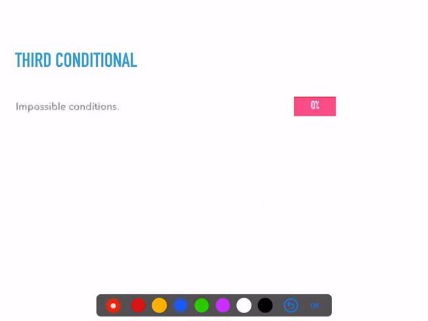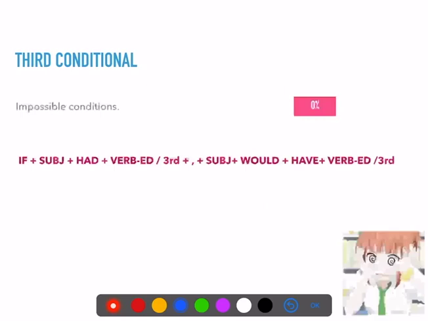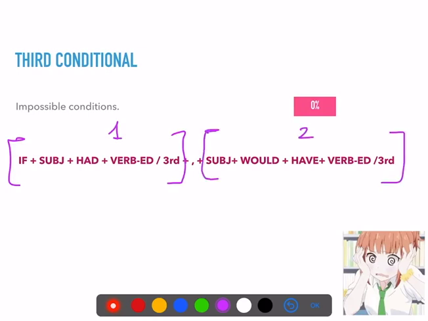Okay, and the structure is crazy. Okay, don't worry. Let's start with this. First and second, okay? Again, we use the comma. The comma is very important because the comma separates the two sentences.